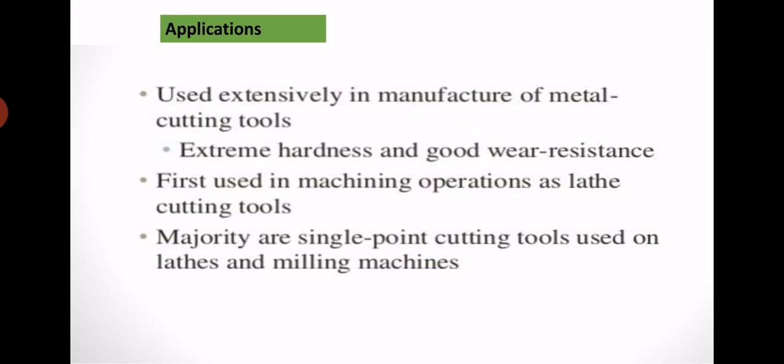Then next one, extreme hardness and good wear resistance. First, this is used in machining operations as lathe cutting tools, and the majority are single point cutting tools used on lathes and milling machines.